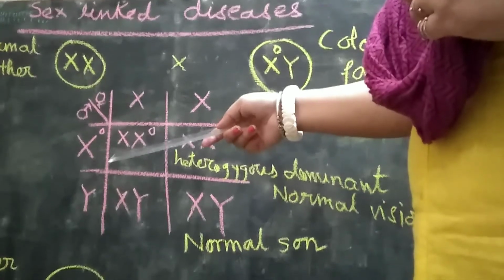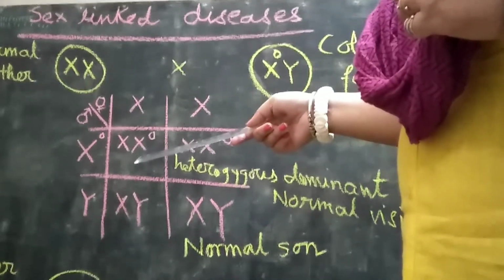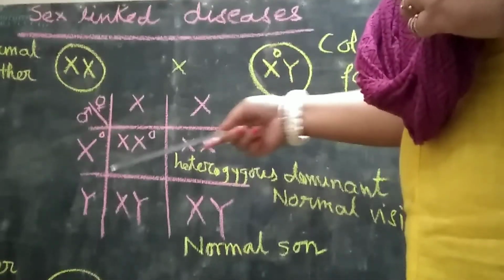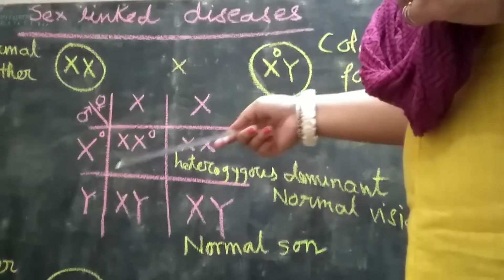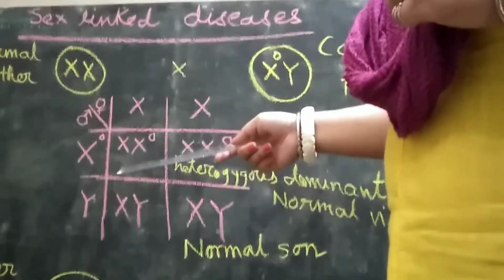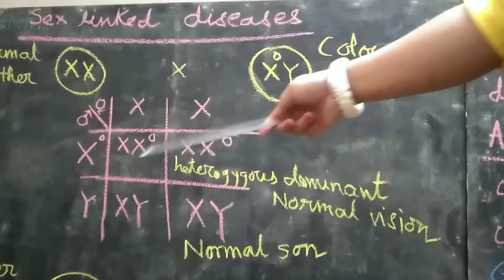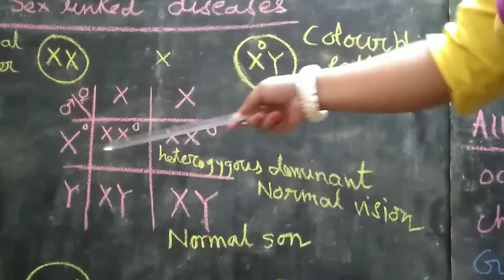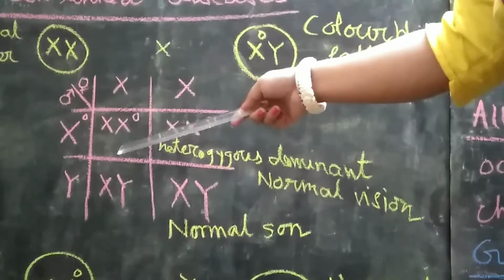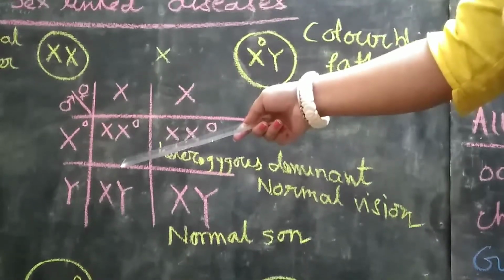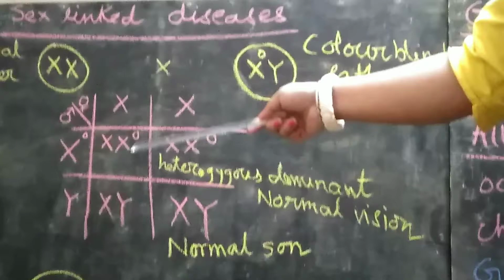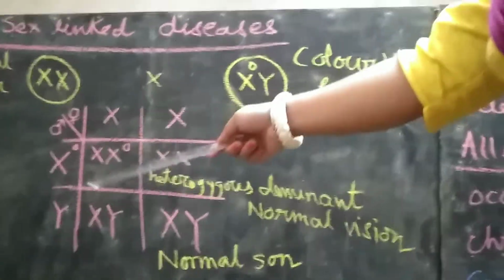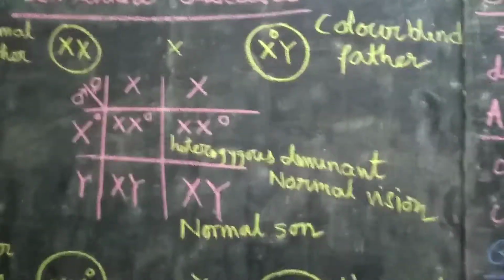But here X is superruling over X0, so this will be a heterozygous female, but the vision will be normal. Why? Because the dominant gene is superruling this one. But this female will be the carrier. She will carry the defective gene, but it will not show because the dominant gene is present.